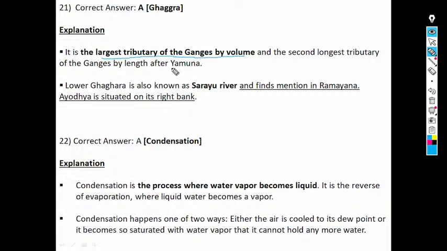And it is the second longest tributary of the Ganges by length, after Yamuna. Lower Ghagra is also known as the Sarayu River, and it finds mention in the Ramayana. Ayodhya is situated on its right bank particularly.